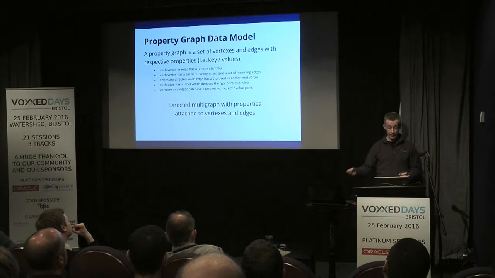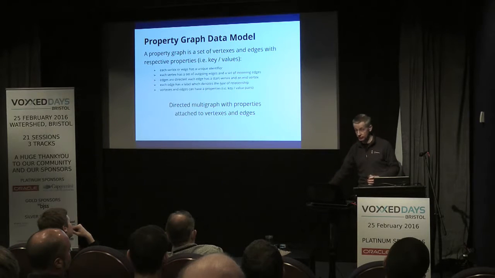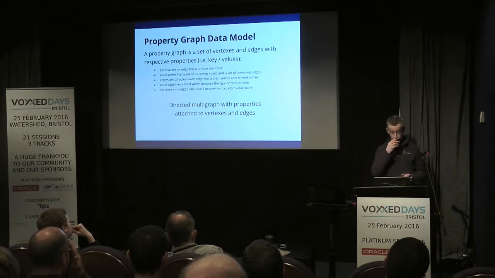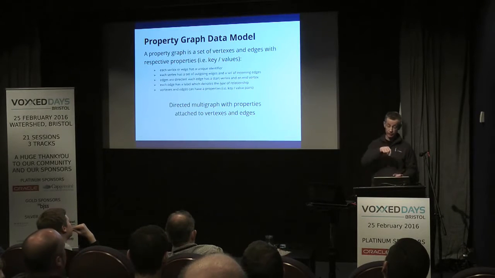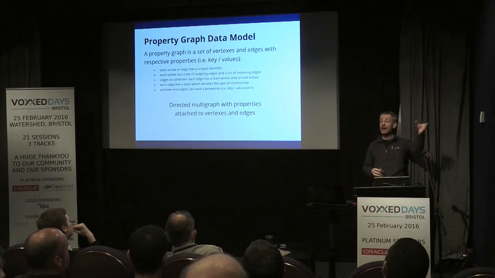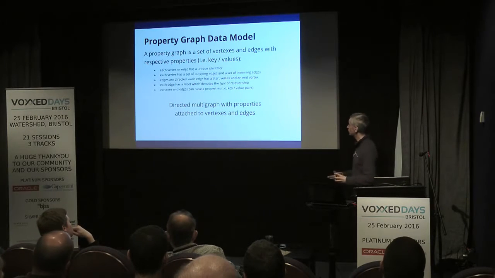And it's given that number, and then you can add things like properties with attributes, which are short names and values. So each vertex or even each edge in property graph models, one of the big differences, can actually have some characteristics applied to it. And you end up with a directed multigraph.